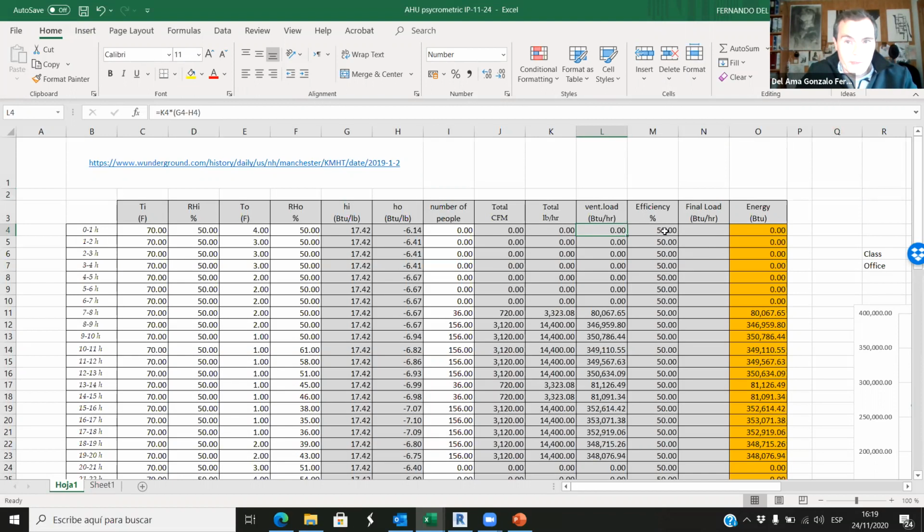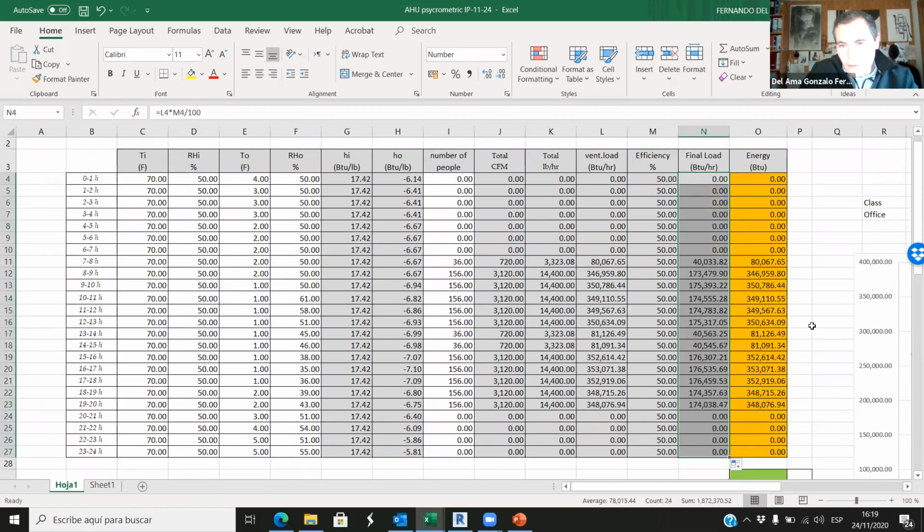The efficiency is 50%. So that equals this column here times this one, the efficiency, divided by 100, because this is 50%. So it's 50 divided by 100, and then we drag this down. There you go. Okay, so this is half this value.